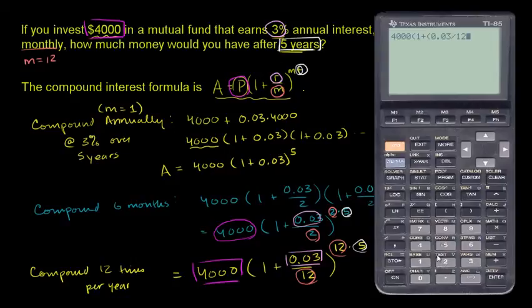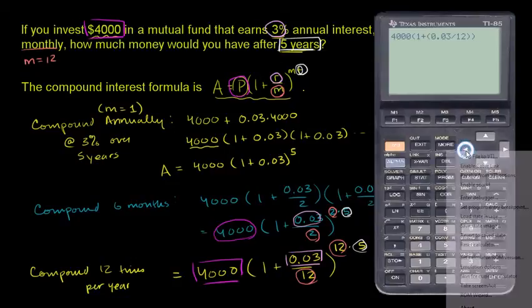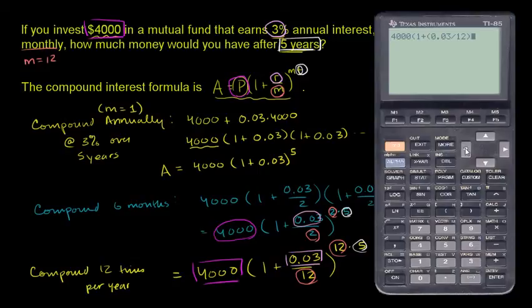So that's how much we're going to compound every month. And then all of that to the 12 times 5 power. Actually, let me make it clear that we want to do the order of operations. So let me insert a multiplication sign, and then let me raise everything in parentheses to the 12 times 5 power, or to the 60th power.